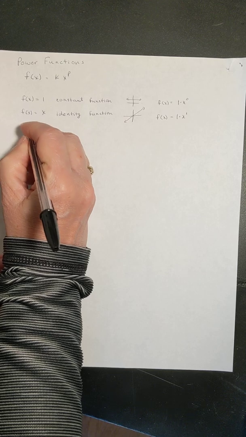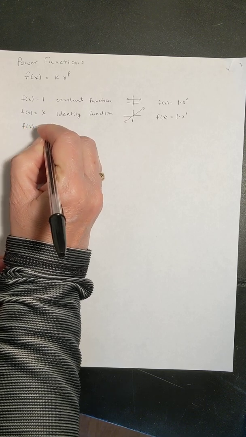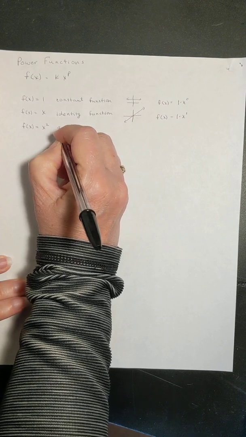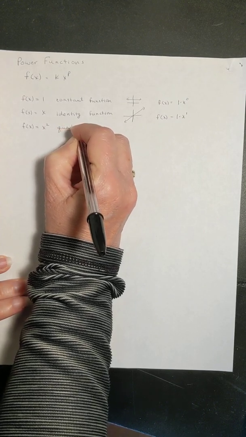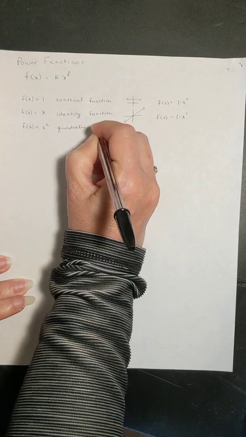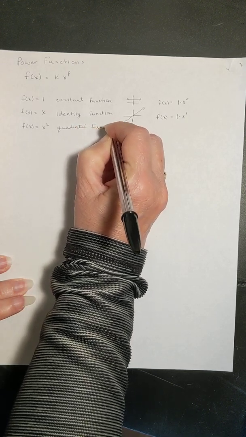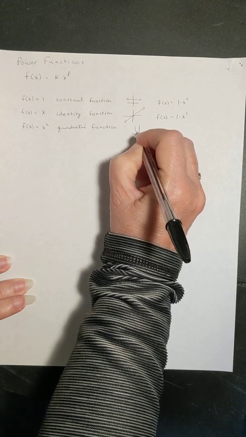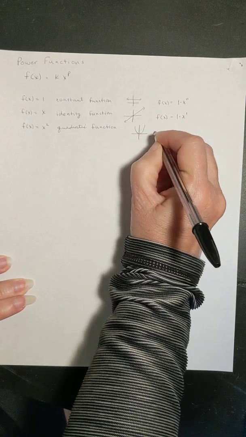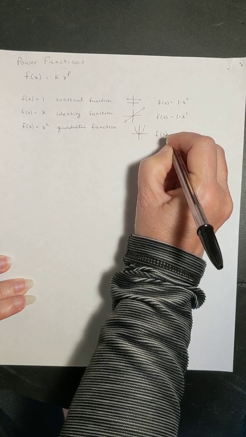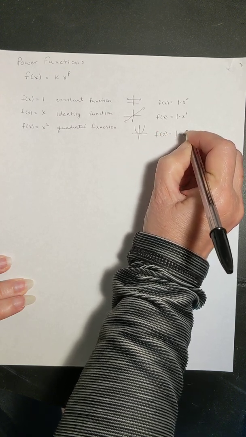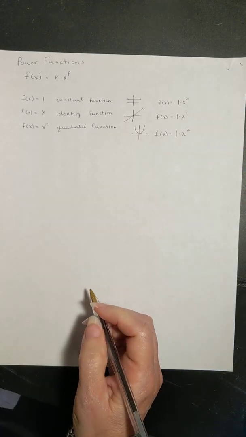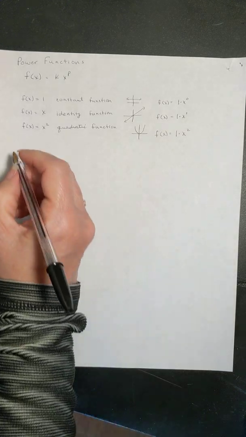Then we have f of x is equal to x squared, and that is our quadratic function. And it looks like this. And of course, 1 times x squared, the coefficient is 1, and the exponent is 2.